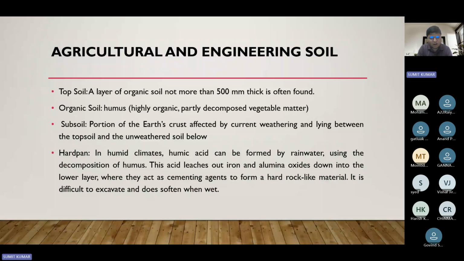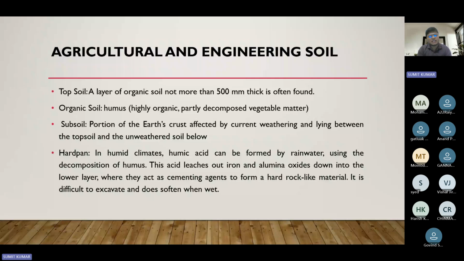When we move forward, there is the subsoil portion, that is, the portion of the earth's crust affected by weathering. As we move forward, we see the formation of soil through rock, the different types of soil formation, like transported soil, residual soil, organic soil. Over there we elaborate those formation mechanics.